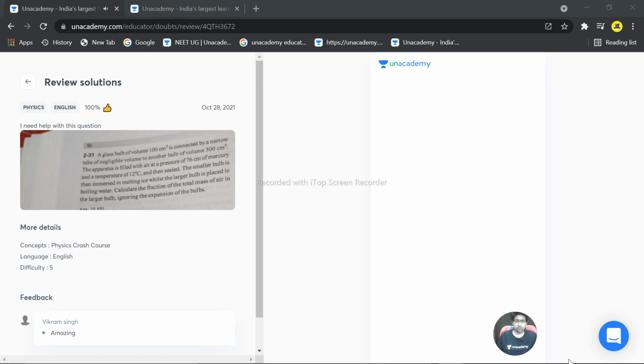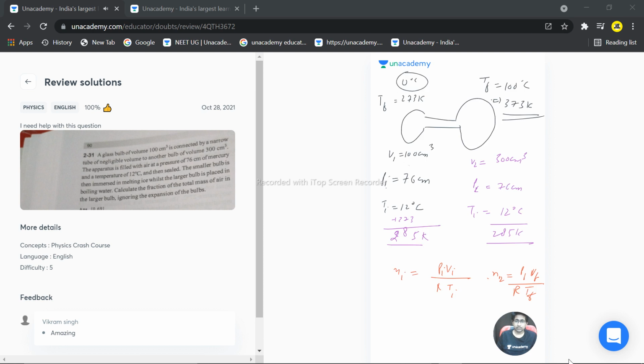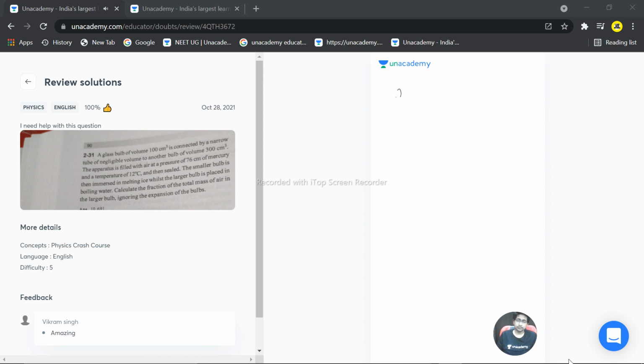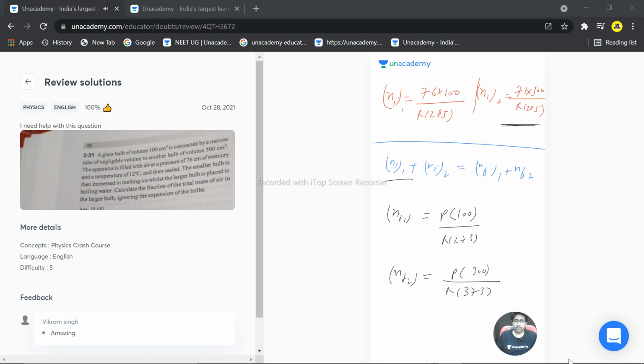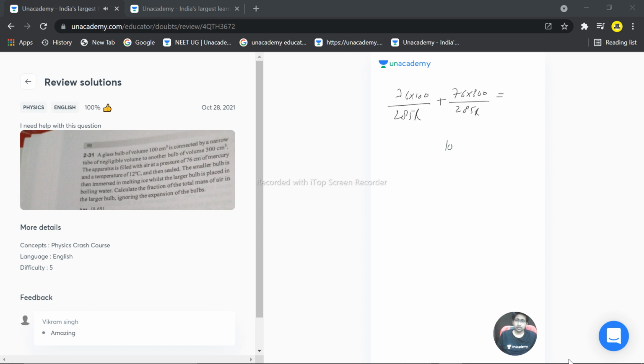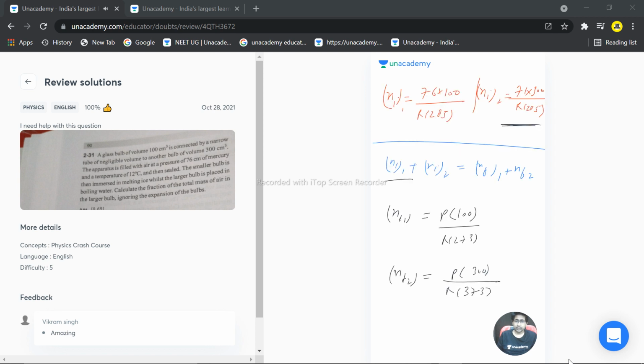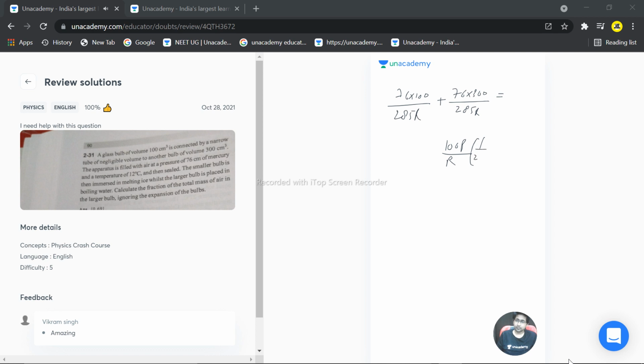So now let's start solving this. 76 into 100 divided by 285R plus 76 into 300 divided by 285R is equal to 100 P by R common, into 1 by 273 plus 3 by 373, because that's 300.